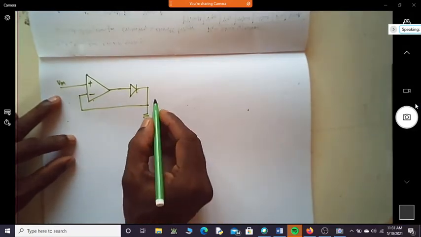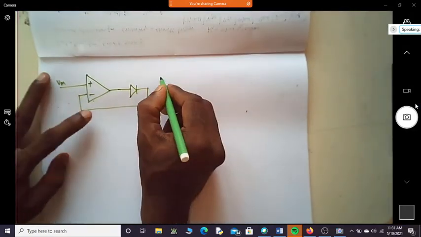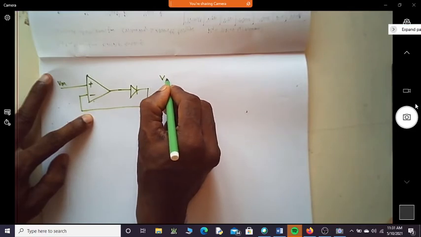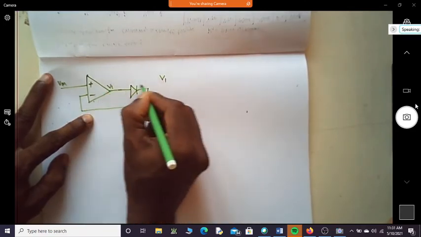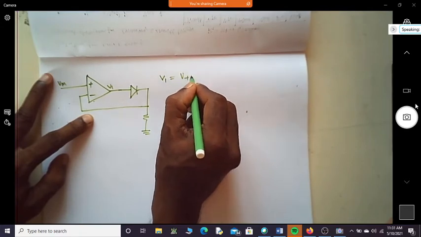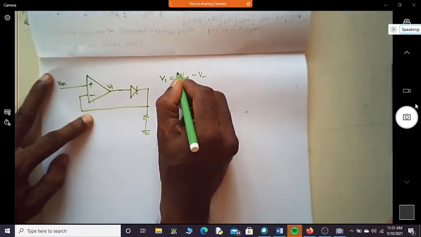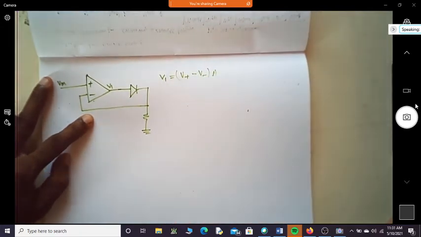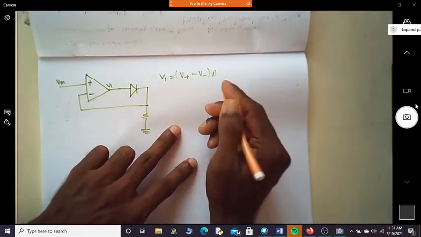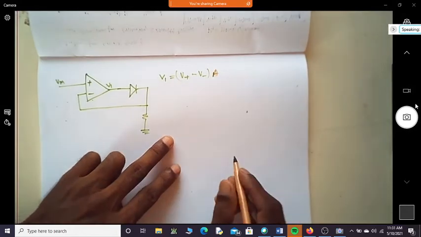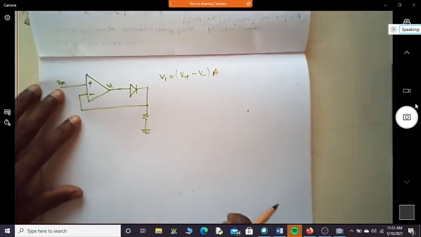Okay, this is what you have. So what is actually the output of an op amp? Suppose if I say this is V1, V1 is equal to (V plus minus V minus) into A. Am I correct? A is nothing but the open loop gain. Correct?